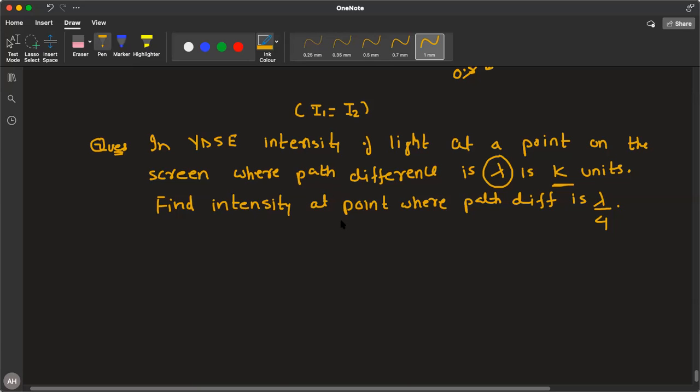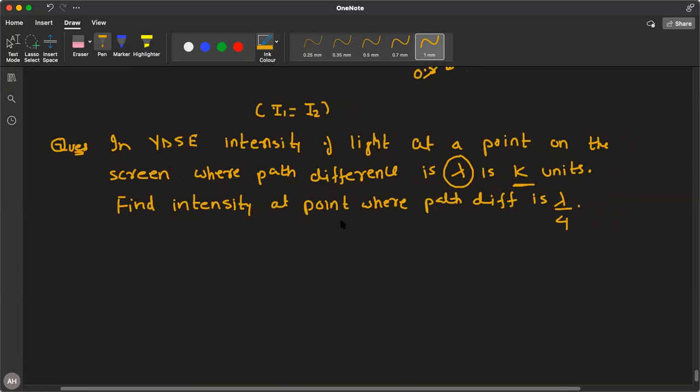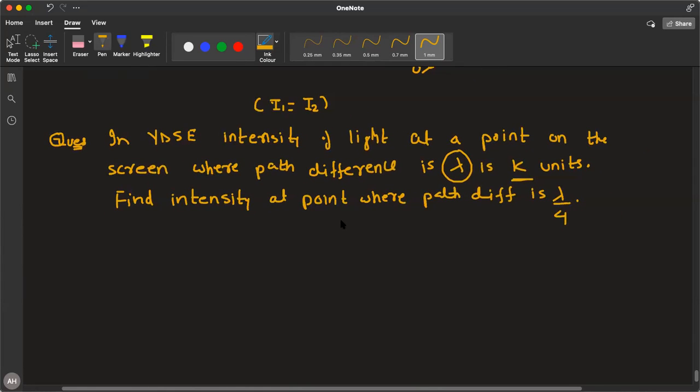Very good, Noor. I1 and I2 is correct, right? Now, once you have I1 and I2, apply the same relation. Get this, apply the same relation and get the value of resultant intensity when the path difference is lambda by 4.